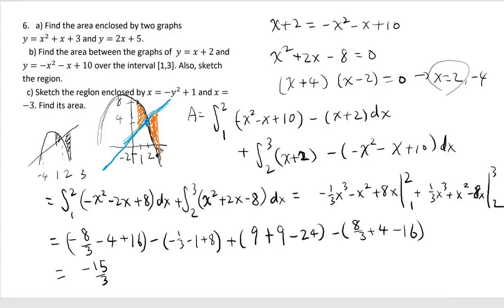Negative 4 plus 16 is plus 12. Negative 1 plus 8 is 7, but there's a minus. 9 plus 9 is 18, minus 24, it's negative 6. And then over here, that's negative 12, but there's a minus here, so it'll be another positive 12. So there'll be 11 total, but you have a negative 5, so it's negative 5 plus 11, which gives you 6.